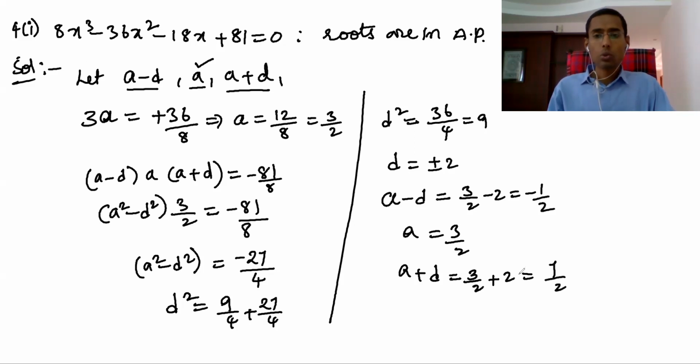So these are the roots. By taking the sum of the roots and the product of the roots, you can find them. This is how you have to do it if the roots are in AP.